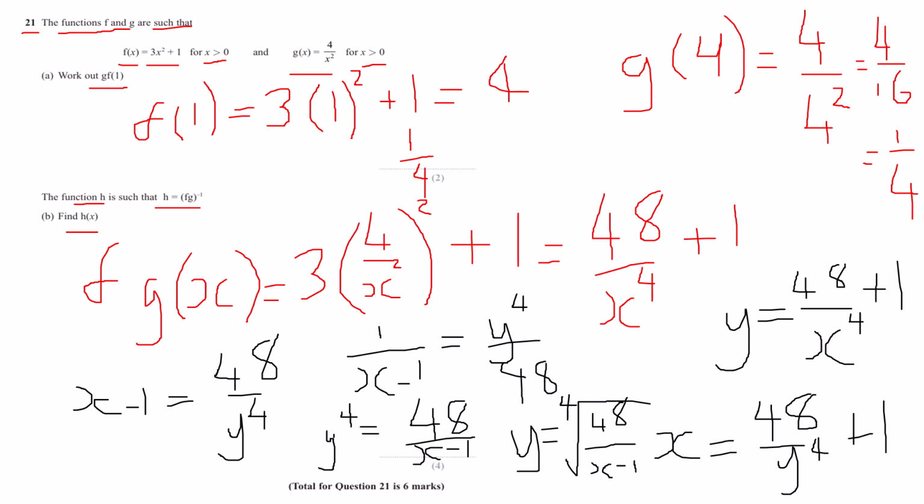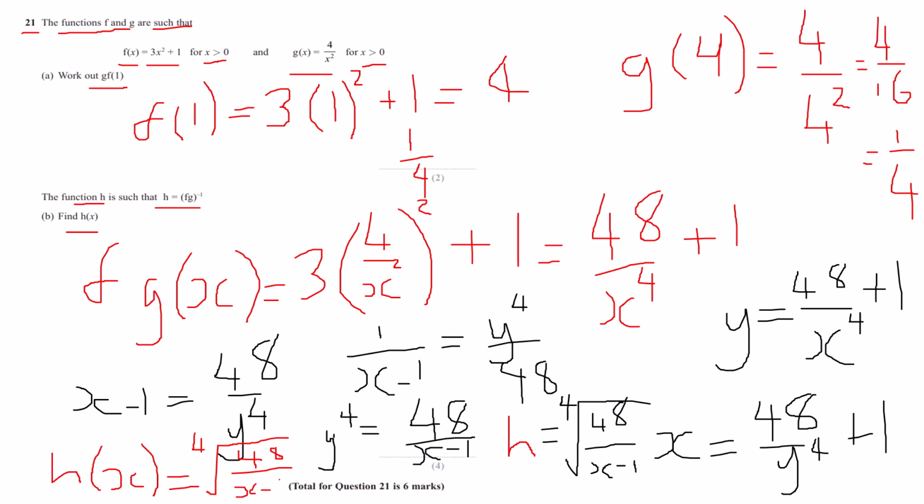Instead of writing it as y equals, I'm now going to replace it with h of x. So h of x is going to equal the 4th root of 48 over x minus 1. That, guys, is an inverse functions question involving composite functions.